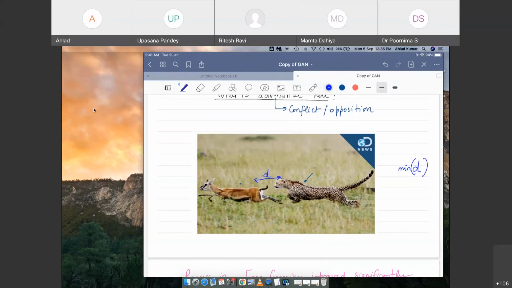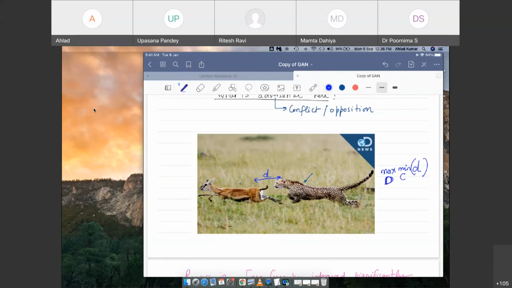Whereas the deer wants to escape the cheetah, so what the deer wants to do is maximize the distance. So there is a game going on here, where minimization of the distance is happening with respect to the cheetah, which I am representing by C. And with respect to the deer, let us keep it as capital D only.